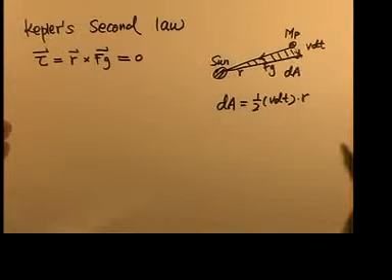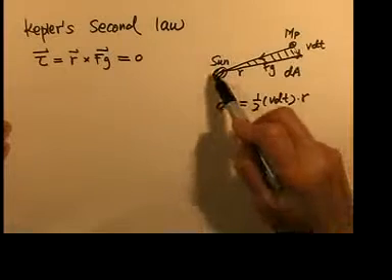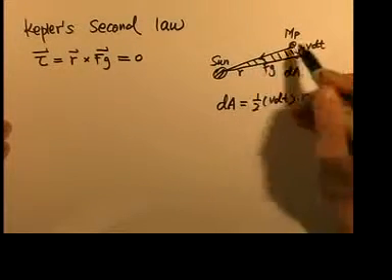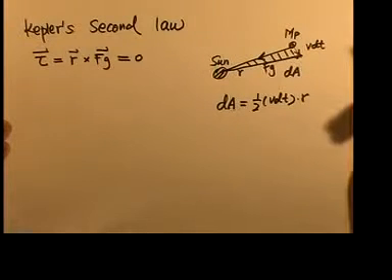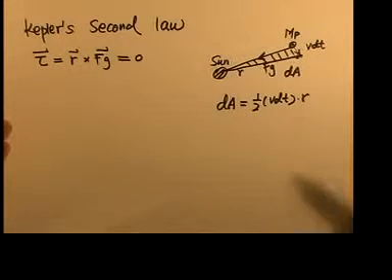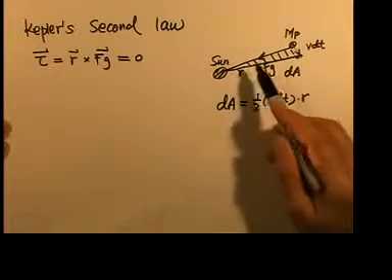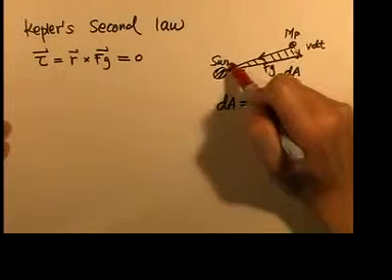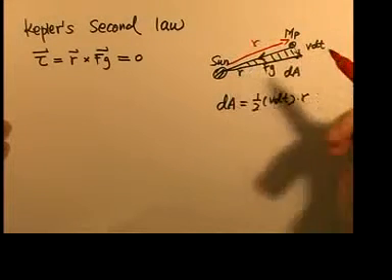On the other hand, the force between the sun and planet is the gravitational attraction force, Fg. According to the definition, torque is the force crossed with the lever arm. In this case, our lever arm is that vector r.